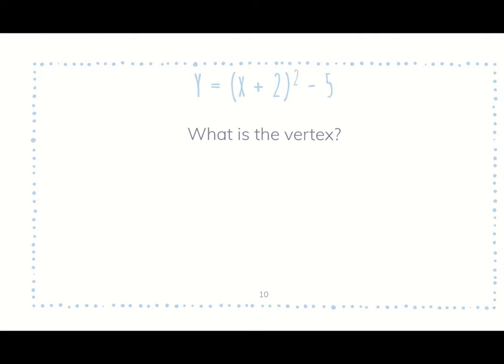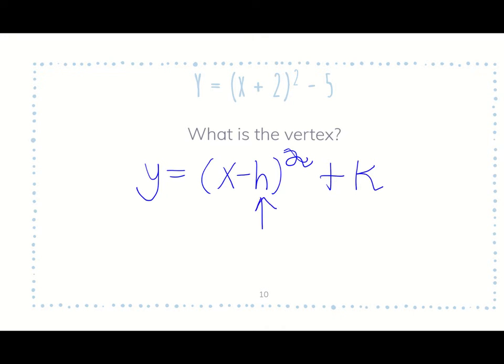And how do we get the vertex? Remember, vertex form is y equals a(x minus h) squared plus k, where (h, k) is our vertex. So when we're finding the vertex, inside the parentheses is our x value, outside is our y value.